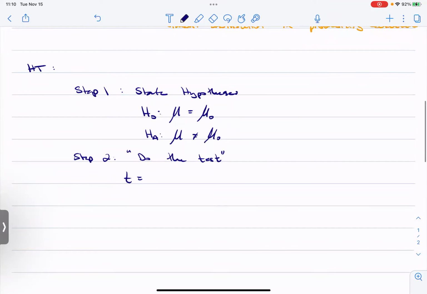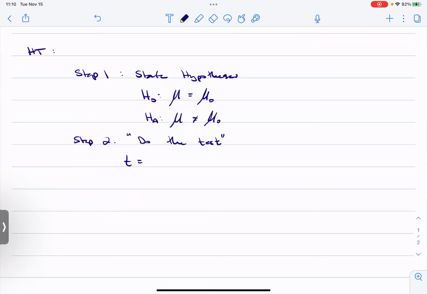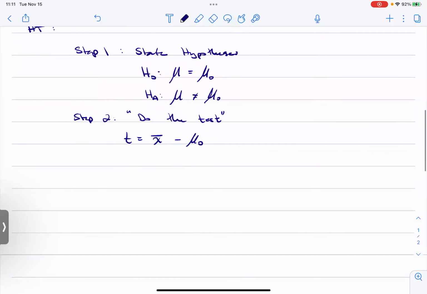But yes, t is the test statistic. We said X bar, how far is it from mu naught?